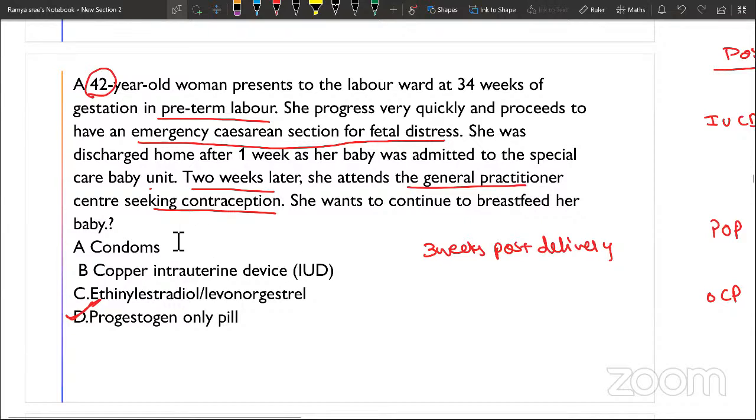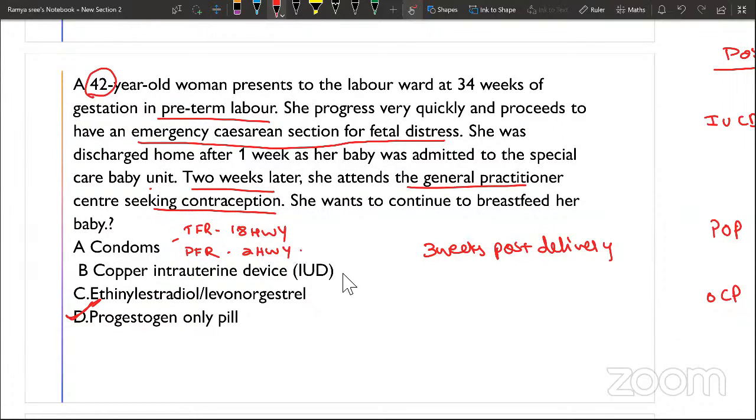Why are condoms not advised? The typical failure rate of the condom is 18 per 100 women years, whereas the perfect use failure rate is 2 per 100 women years. So you still have a high risk that the patient can get pregnant. When you're holding that risk, how can you say this will be a contraception of choice?